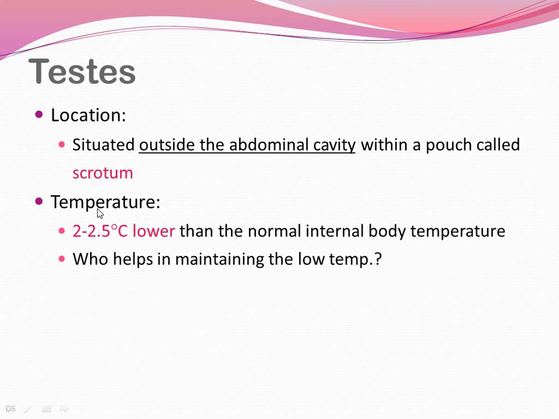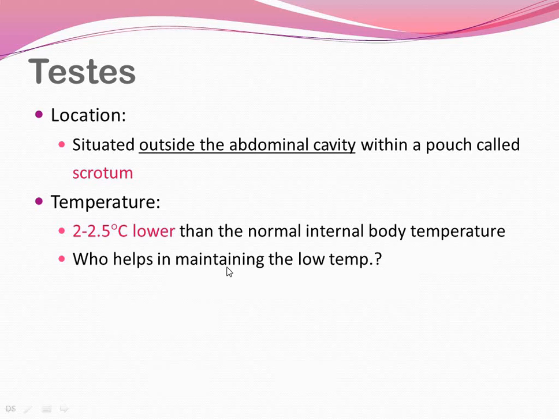Temperature is the reason why they are located outside the body. The temperature of the testis is 2 to 2.5 degrees Celsius lower compared to the internal body temperature. You know that internal body temperature is somewhere around 37.4 degrees Celsius, and in the case of the testis it is 2 to 2.5 degrees Celsius lower.